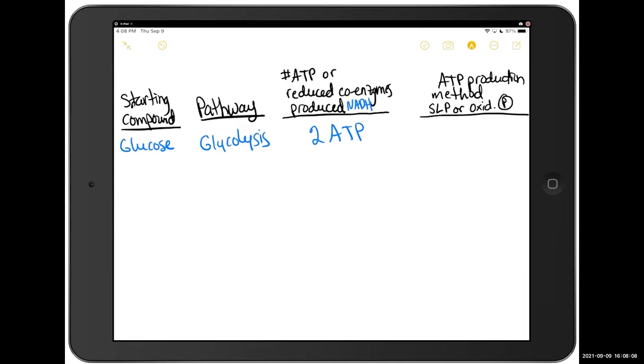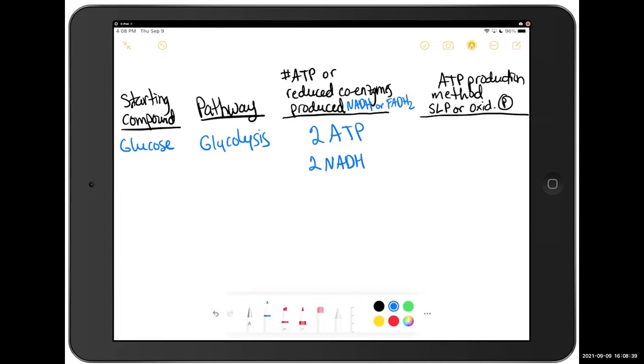NADH, or FADH2. That is correct. Did we generate any reduced coenzymes in glycolysis? Yes. What did we produce? 2 NADH. We generated 2 NADH.